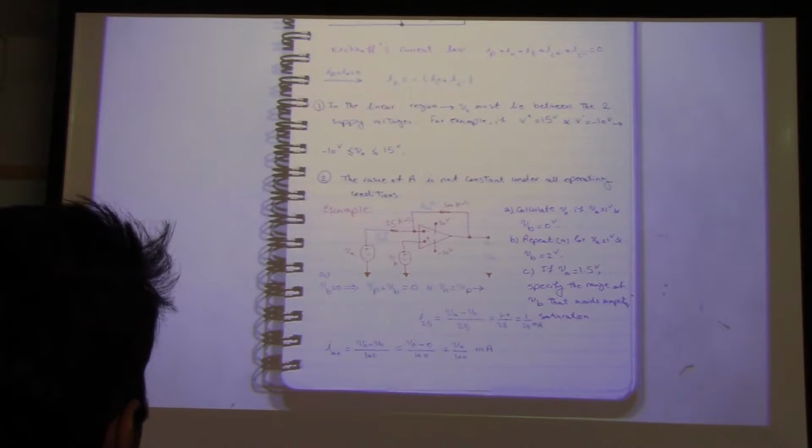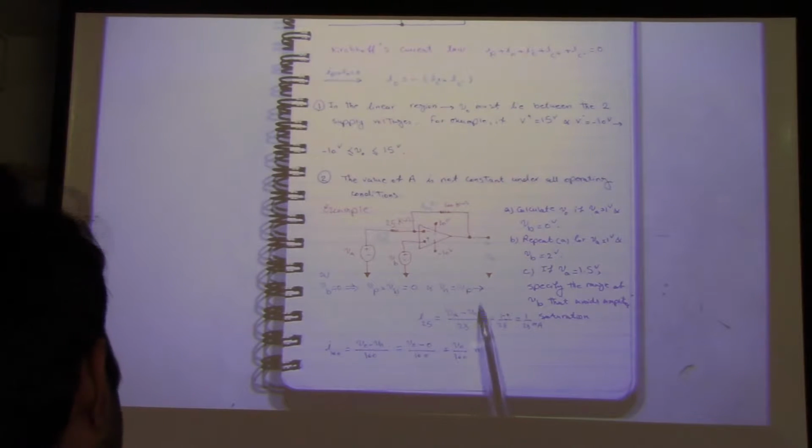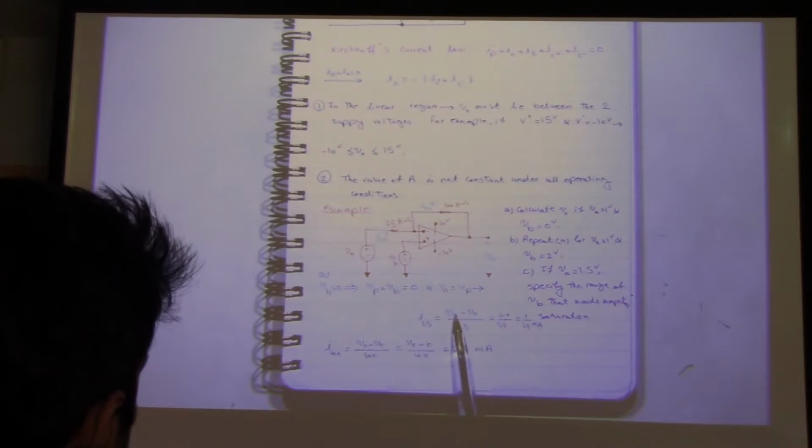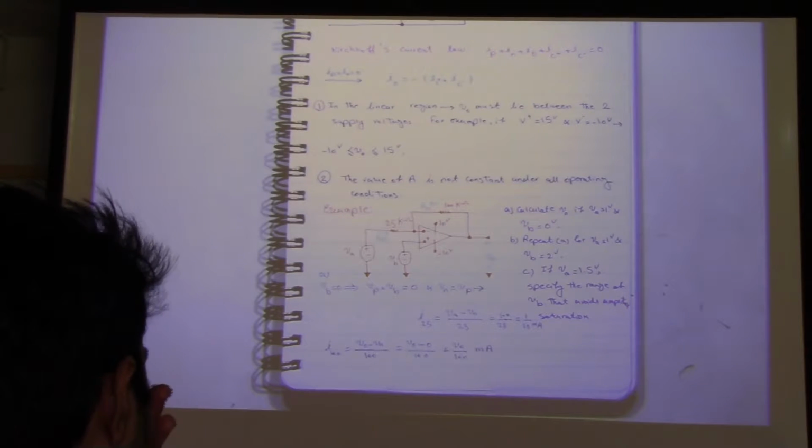How do you calculate this one? VA minus VN over 25 kilo ohms. VN is 0, VA is 1, so 1 over 25 milliamp.